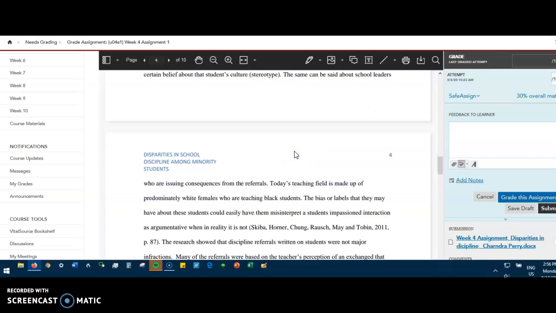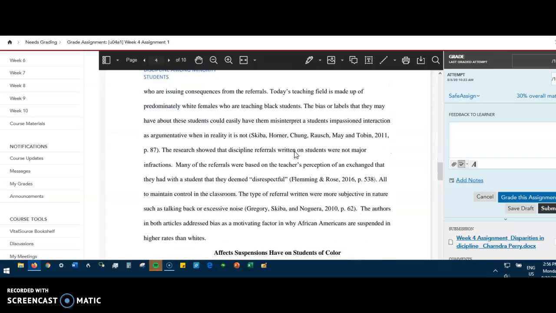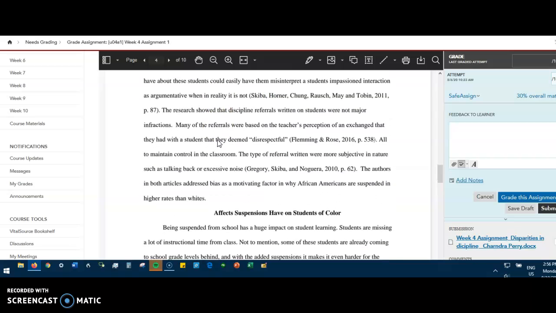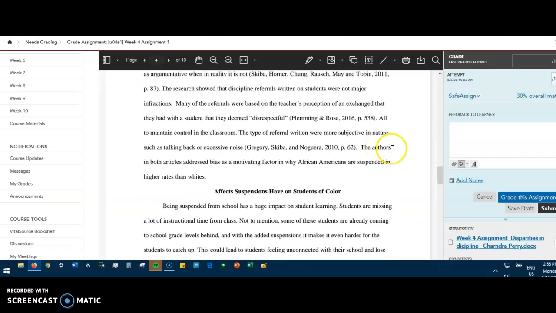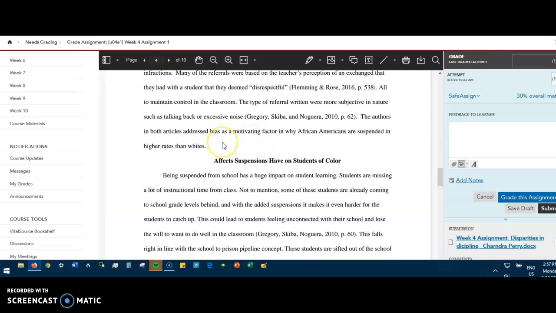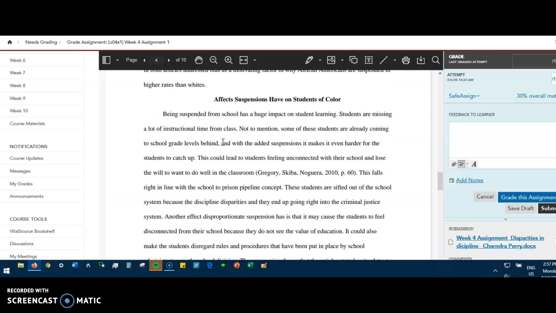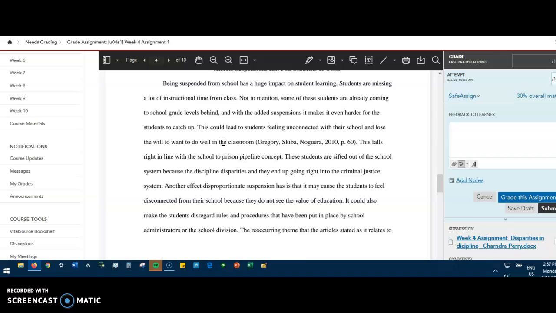Certain beliefs, same as school leaders. So you're doing a good job of looking through research to support this. The research in both articles addresses bias. So there's an example of synthesis right there. You found a common theme, and using that synthesis citation format that I talked about will strengthen that as well.